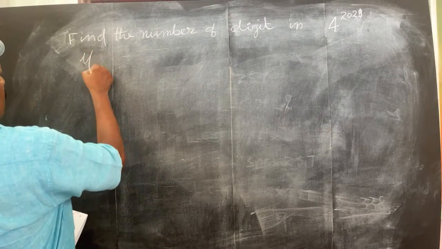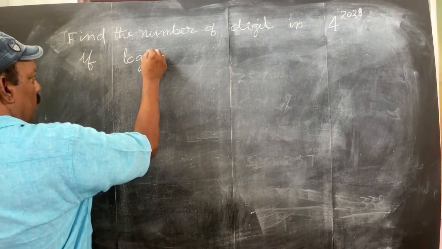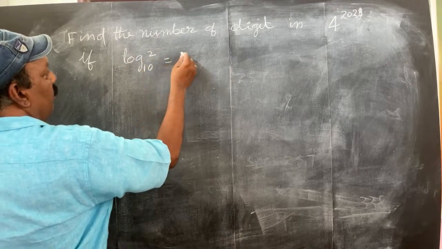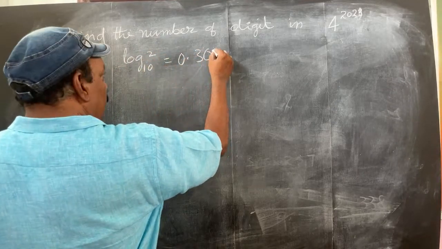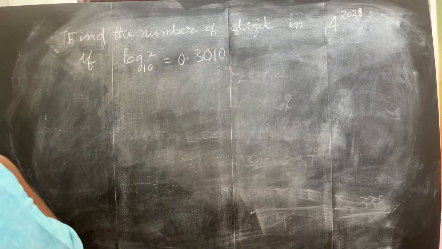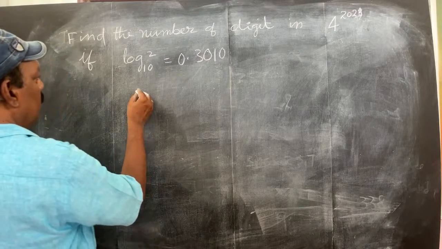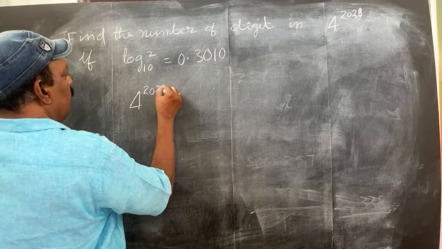If log 2 base 10 value is always given as 0.3010. Now how to calculate this one: you can see here 4 to the power of 2023.